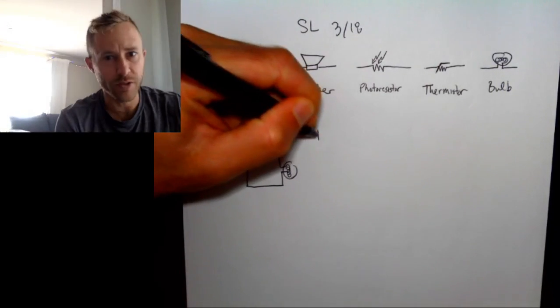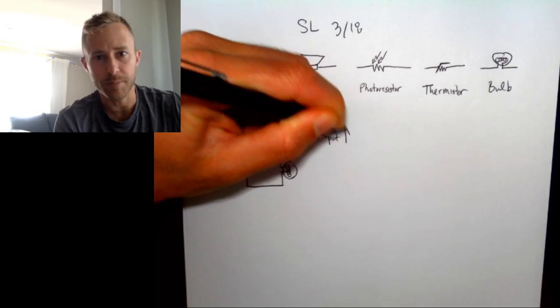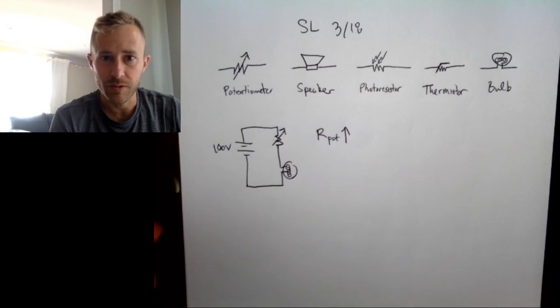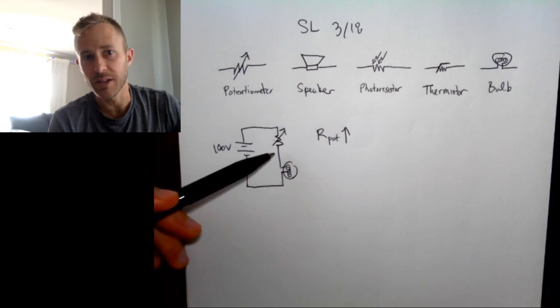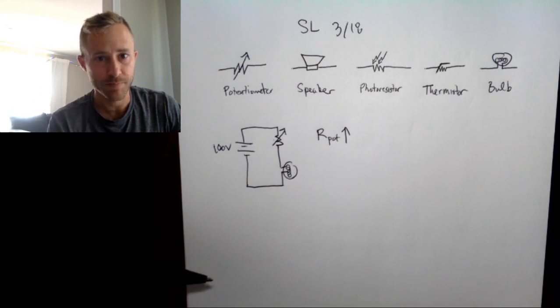So let's suppose that the resistance of the potentiometer goes up. Because this resistance increased, its share of the voltage is going to go up.